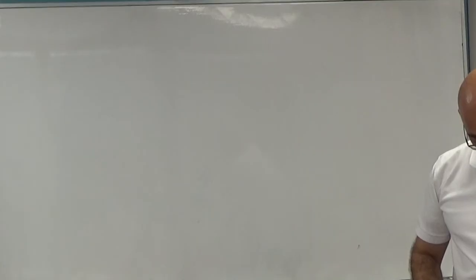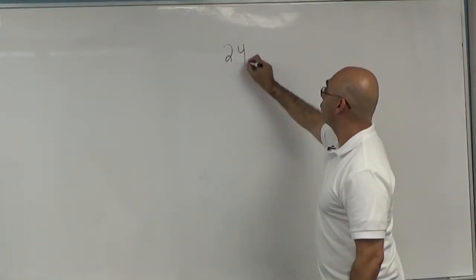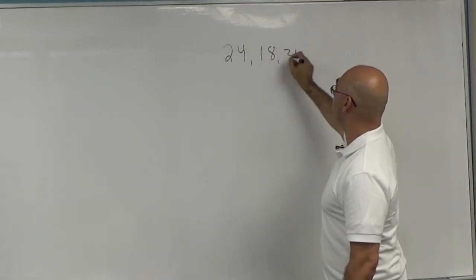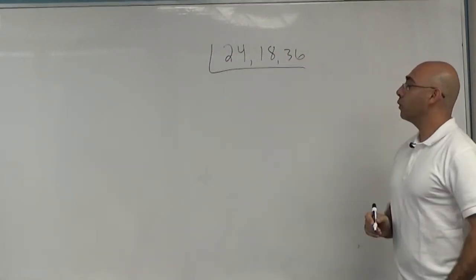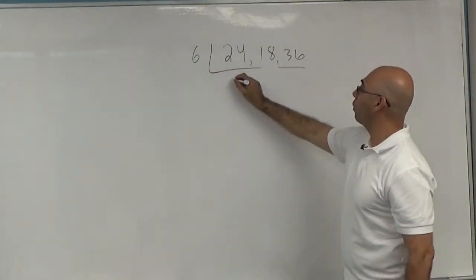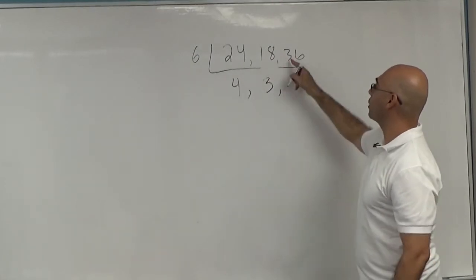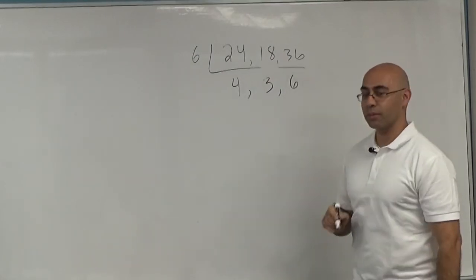Let's try this one: 24, 18, and 36. What goes into 24, 18, and 36? 6 goes into 24 4 times. 6 goes into 18 3 times. 6 goes into 36 6 times.